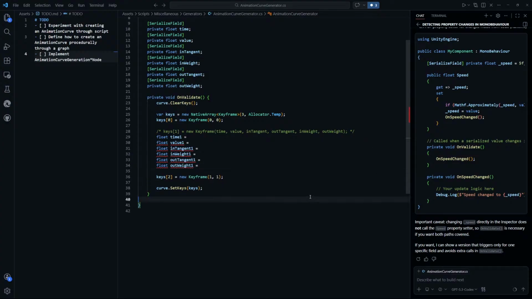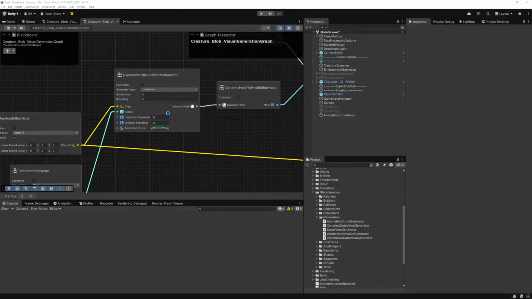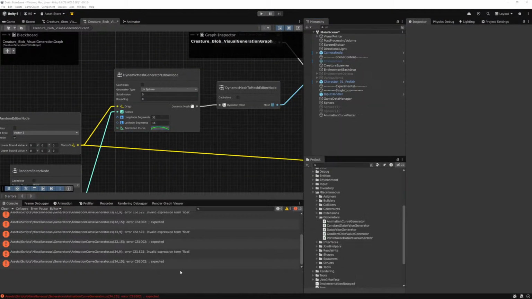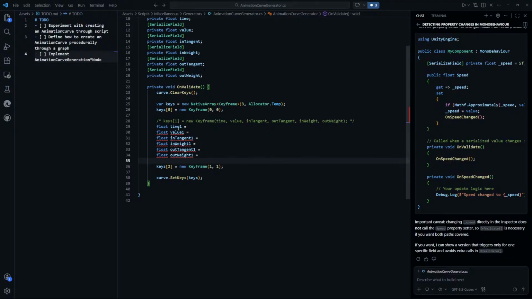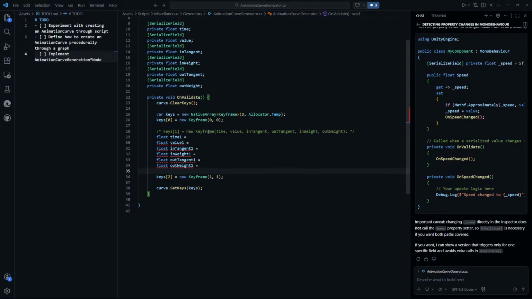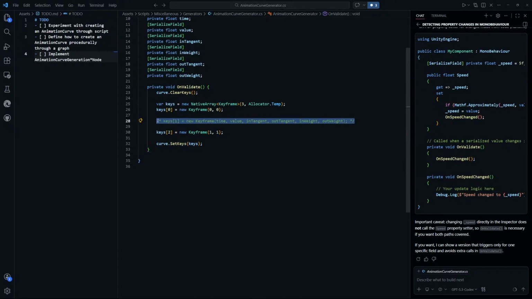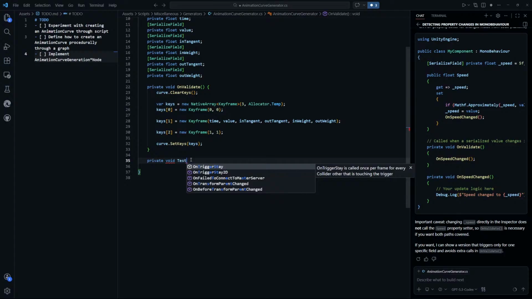Okay, and we want to create, can I open it up even though we have some errors here? Let's see. I want to create this one. So let's do, well, you know what? We're going to have to create all, let's see here. Let's do it like this. Void test.